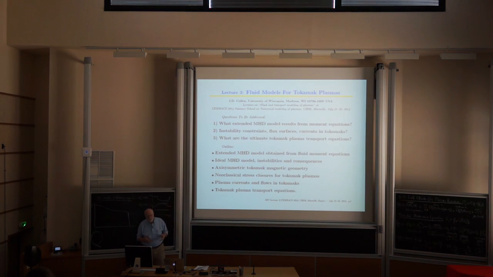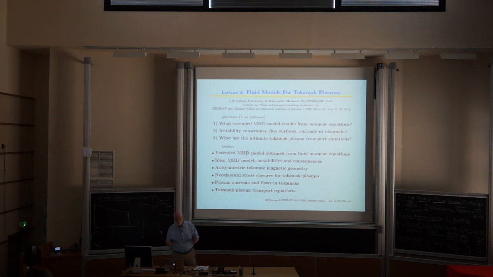Then the ideal MHD model and its consequences, the Grad-Shafranov equation, the so-called axisymmetric tokamak magnetic geometry, and how we use neoclassical closures to get a modified Ohm's law, not just Spitzer electrical resistivity, but a viscous damping effect in the electrons to change the resistivity, plus a bootstrap current and poloidal flow damping, and then the plasma currents and flows in tokamaks.